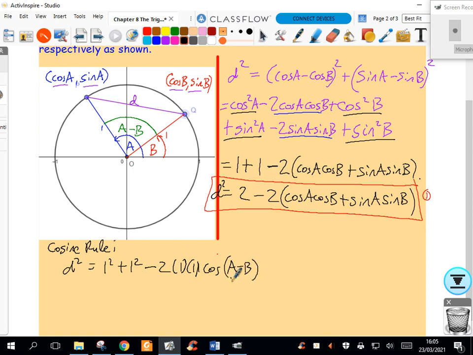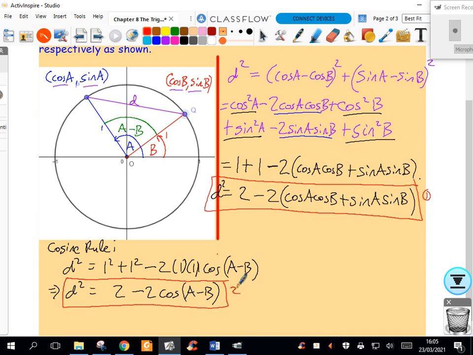Tidying that up a bit, d squared equals 1 squared plus 1 squared, that's 2, minus 2 times 1 times 1, that's minus 2 cosine of a minus b. And there's my second equation.